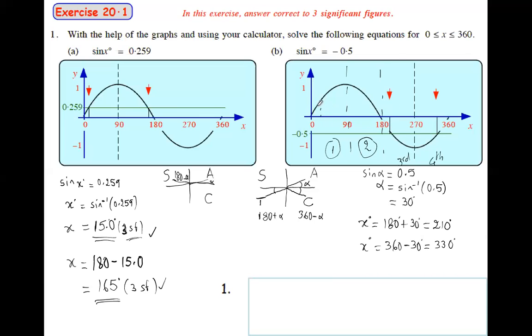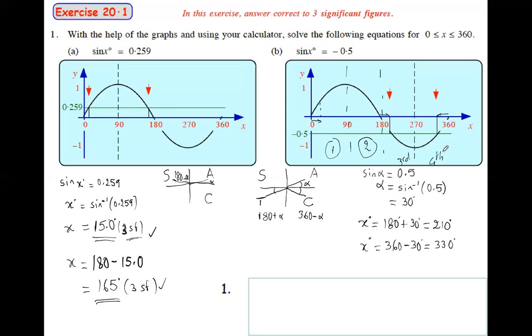It's a perfect symmetry. So if I find this angle alpha, I know that that angle alpha is here. And it's 180 plus alpha and 360 minus alpha. So basically what we did is find that angle. We added it to 180 and we took it away from 360.